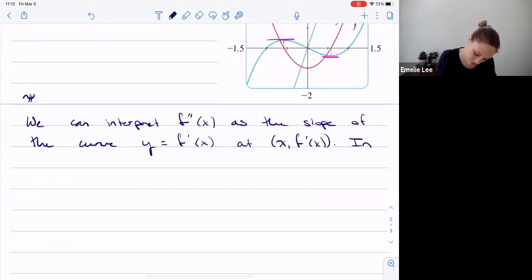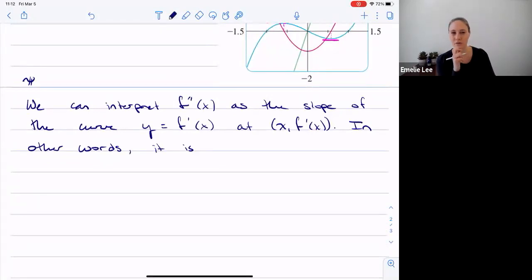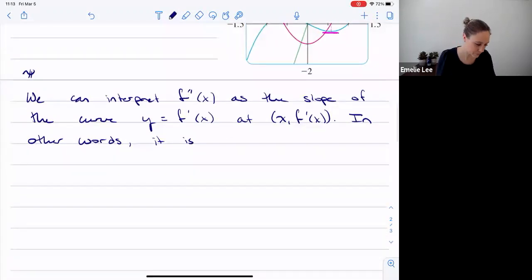In other words, it is the rate of change. Remember, the derivative is the slope of the tangent line, but it's also the instantaneous rate of change. Depending on the scenario, it might be more helpful to think of it that way.